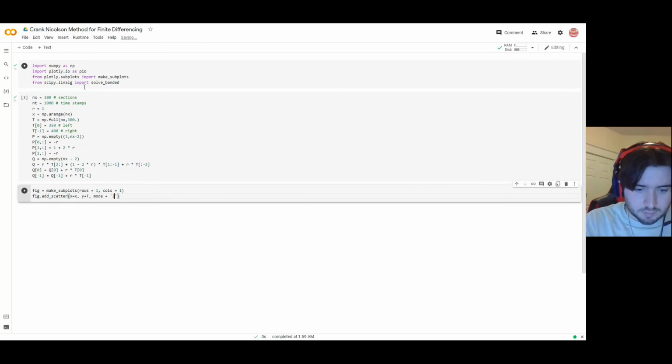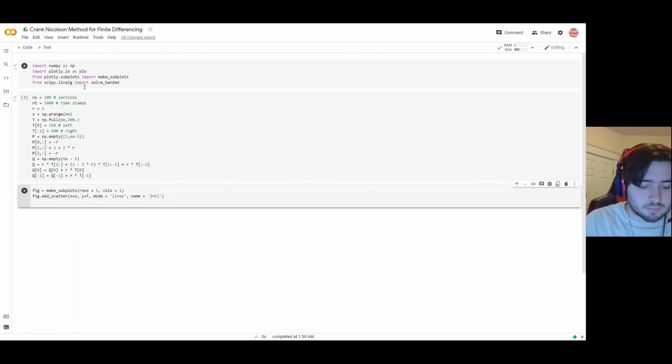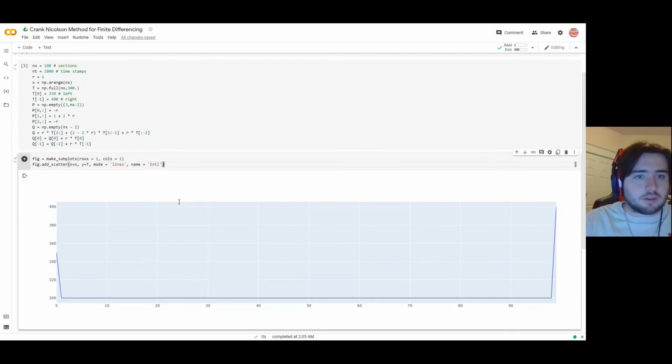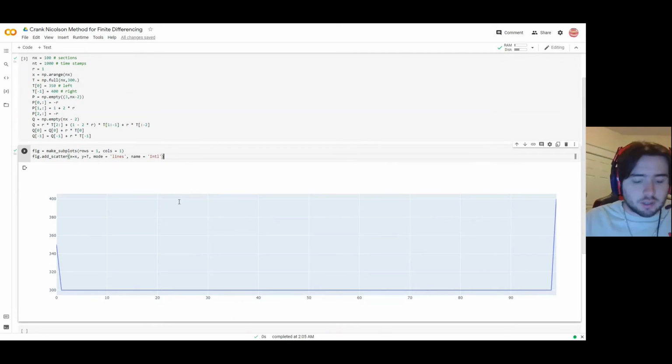We're going to plot data points with lines again, and then our initial profile. You can see our figure, our plot function does work.